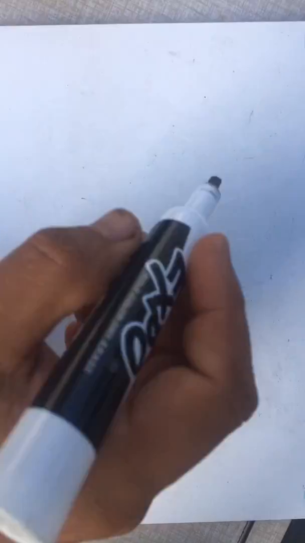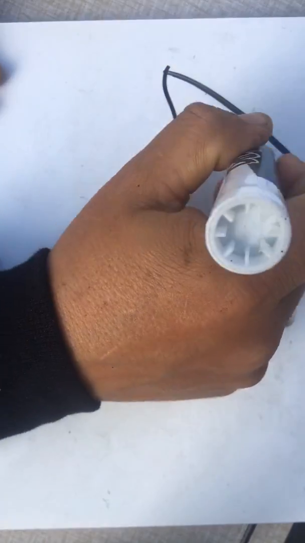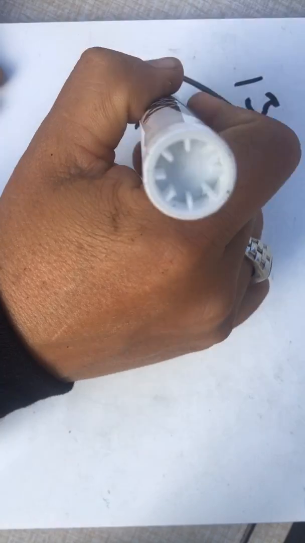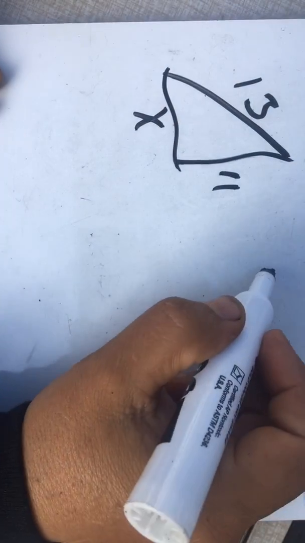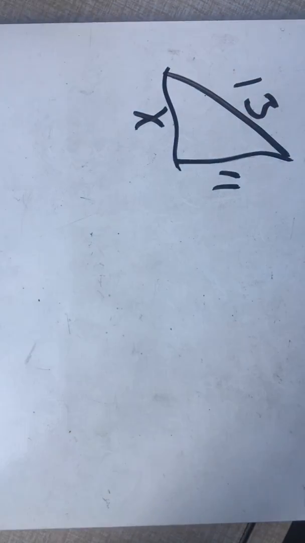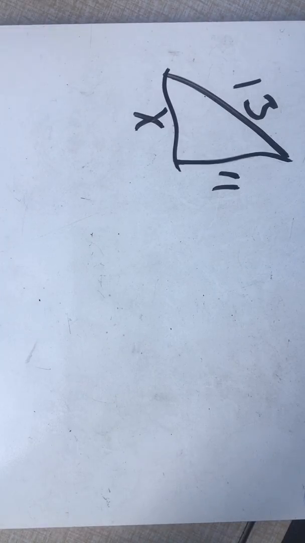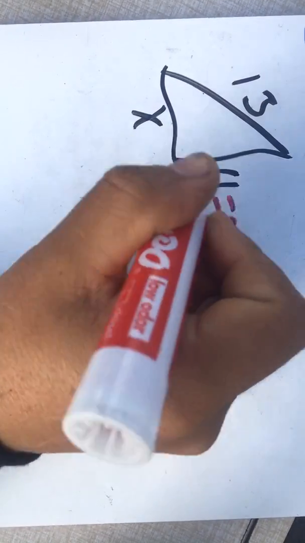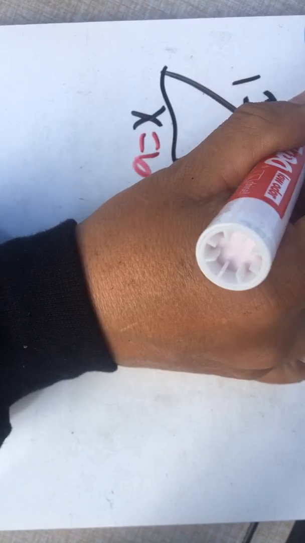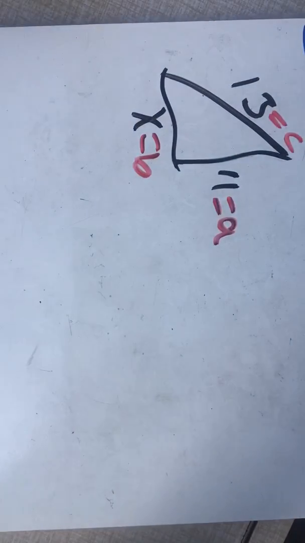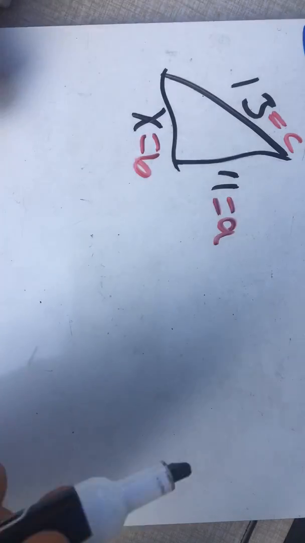Okay, example 2 is like this. 13, x and 11. And again, you must continue to practice proper work, where you label A, B, and C. Again, I'm not going to do the formula. If you need the formula, go back to example 1.